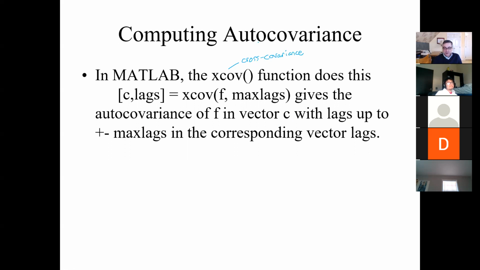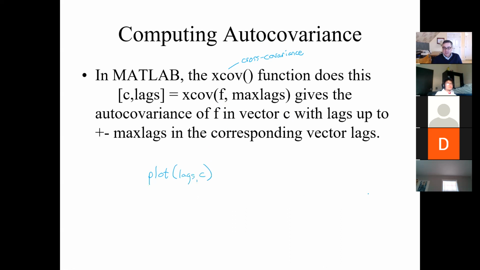So that's actually for cross covariance, but if you just give it one signal, it computes the auto covariance. We'll talk about cross covariance later. And so basically what if you then did something like plot lags comma C?